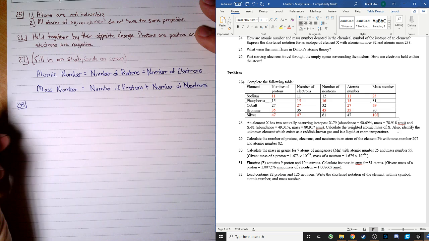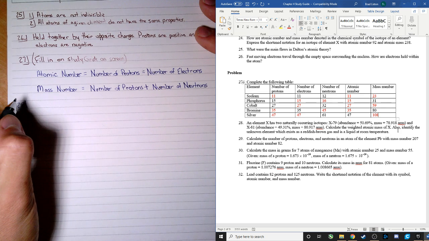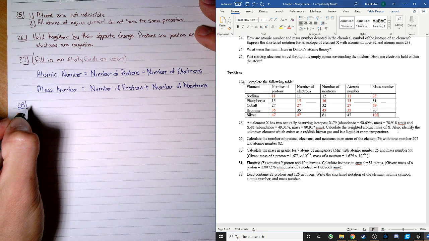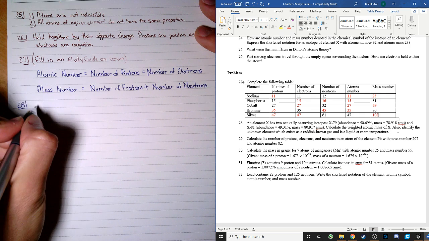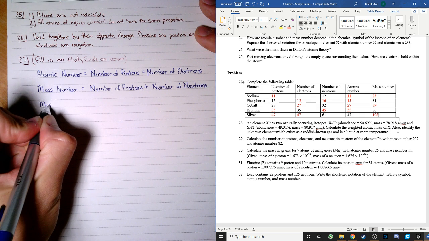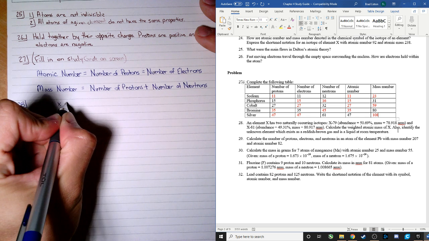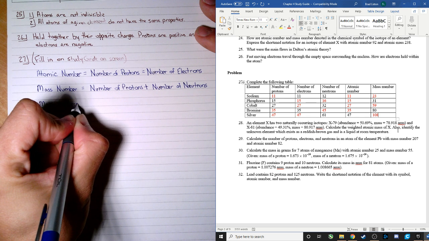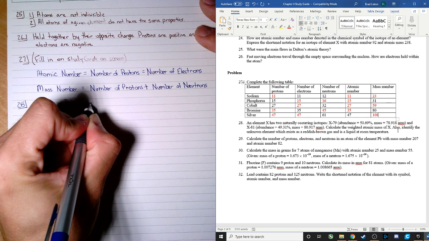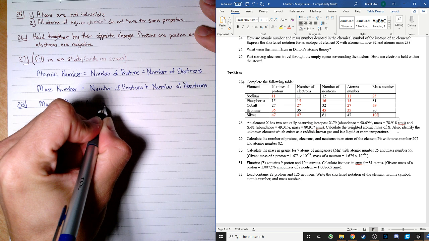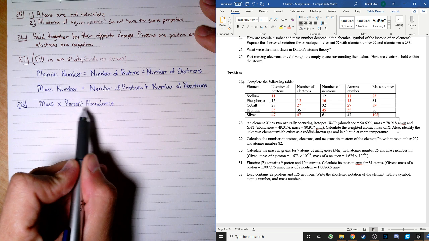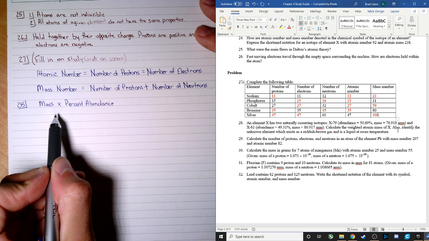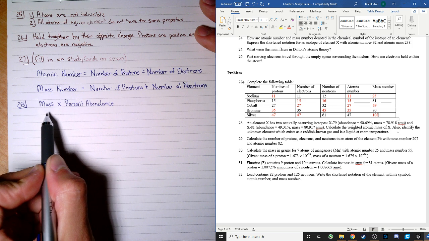So what we have to do is take a weighted average here. So what does that mean? Weighted average means you have to take the mass here, multiply it by the percent, and then you have to do that for the rest of the elements as well.